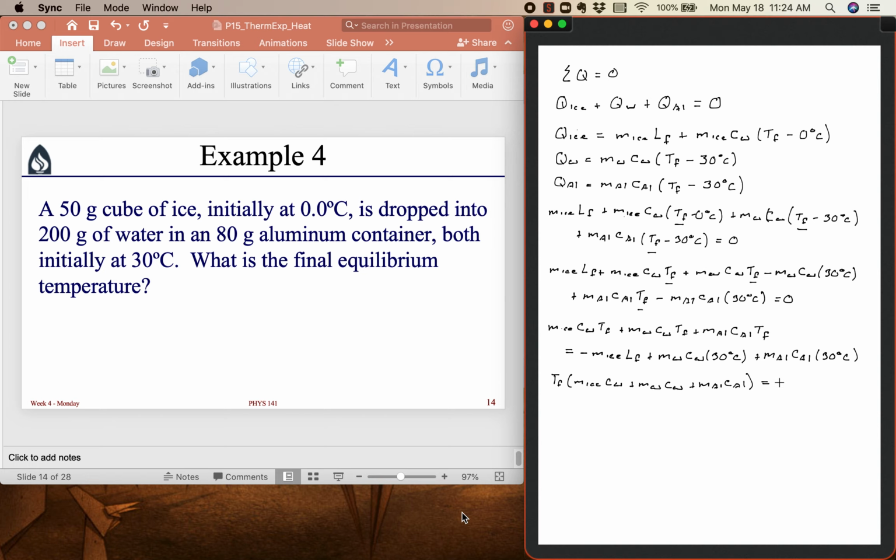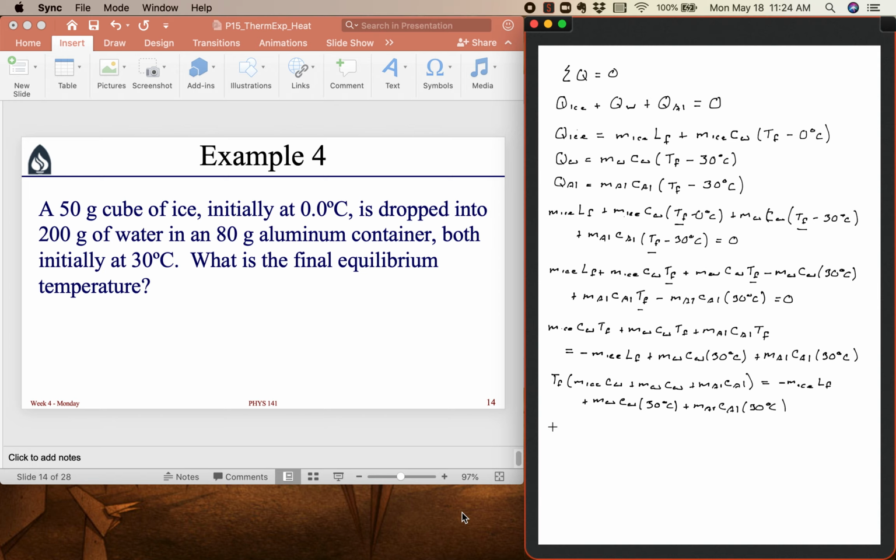So minus mass of ice, latent heat of fusion, plus mass of water, specific heat of water, 30 degrees Celsius, plus mass aluminum, C aluminum, 30 degrees Celsius. Okay, so then the final step is to divide both sides of the equation by this term in the parentheses.